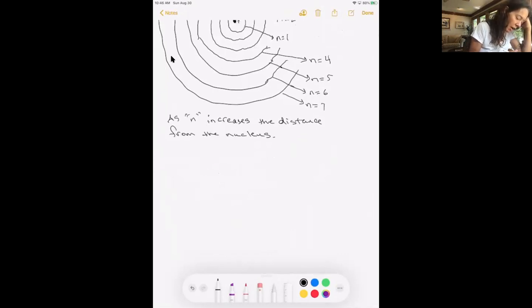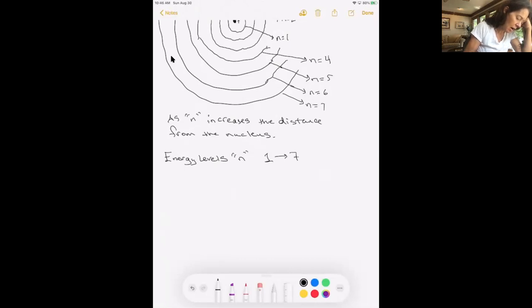It's like writing an address for where all of an atom's electrons live. So we would first talk about our energy levels, which are denoted by the letter N, and there are 1 through 7 of them.